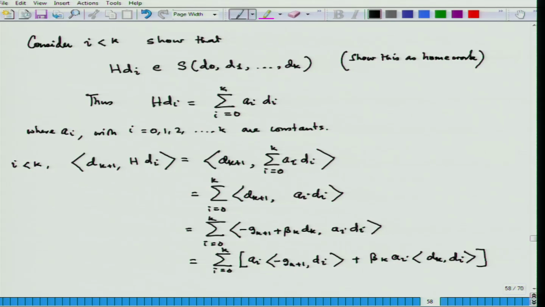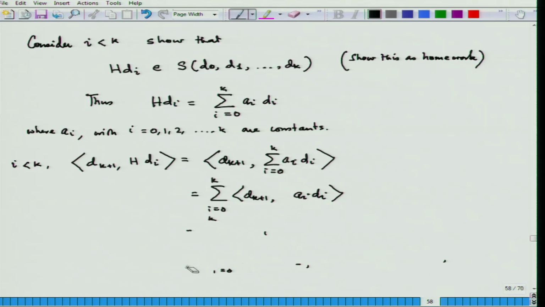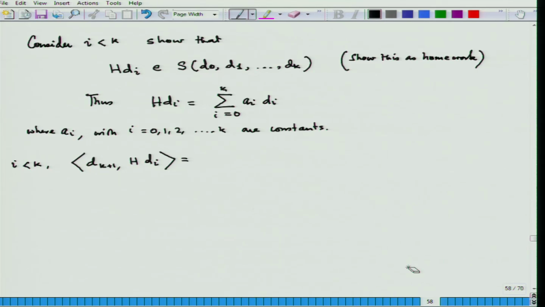I think there is a small change I will make in the calculation. Let me rub this off to make it more effective. Let me not put A d_i here, I am going to change the calculation.